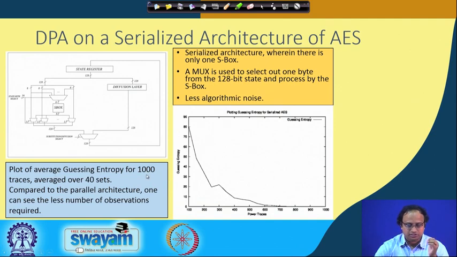For example, in this case, we observe the guessing entropy for 1,000 power traces. Note that this is less than the 3,000 power traces that we took, and at around 500 to 600 observations, the guessing entropy goes to 0, which means now the attack is faster. The success rate is more, the guessing entropy is reducing faster.